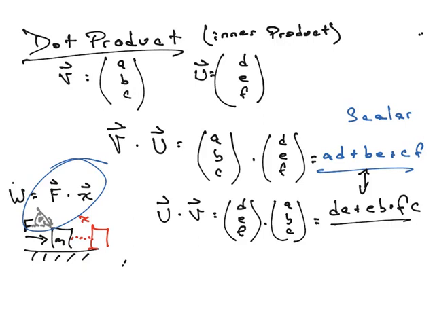In fact, if the elements in your vectors are not scalars, let's say we're doing something like quantum mechanics, where the elements of your abstract vector in quantum space are actually operators, things like derivatives, then the order will matter.